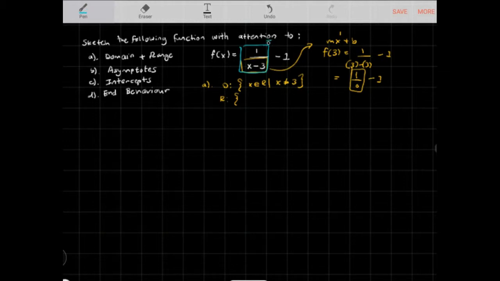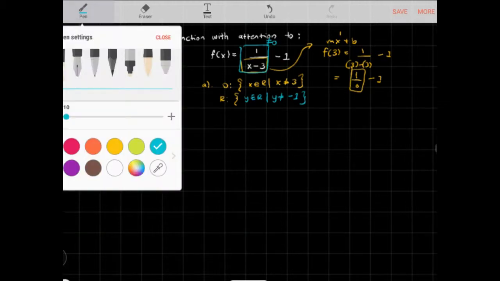So this cannot equal 0, and 0 minus 1 doesn't happen. So we can say that y belongs to the set of all real numbers, but y cannot equal -1, right? So if you're looking at a reciprocal of a linear function, you can always note that the -1 here will be the value of the restriction on the y.